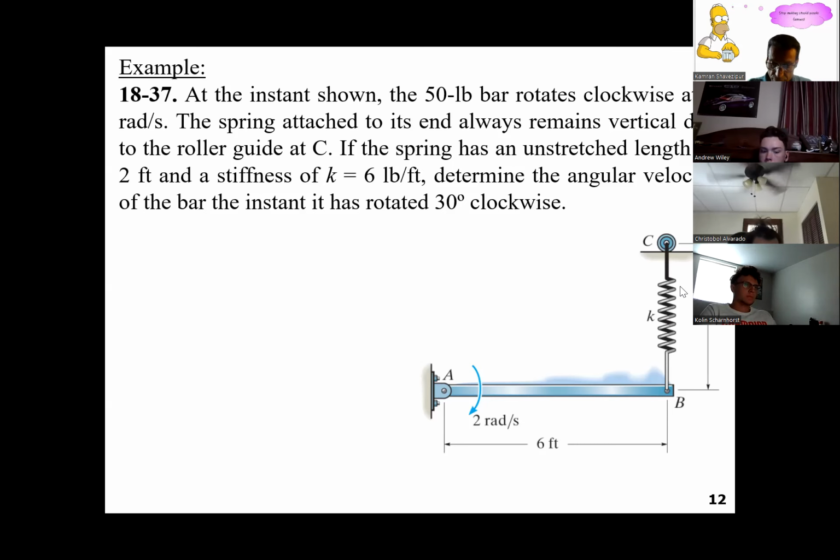The end of the spring is attached to the roller. As I said, as the slender rod rotates, the roller moves back and forth and keeps the spring perpendicular.